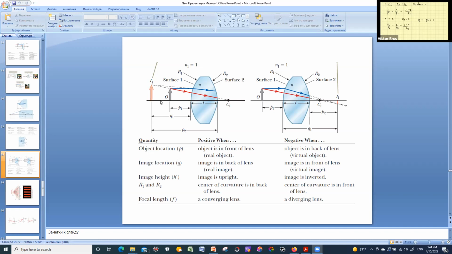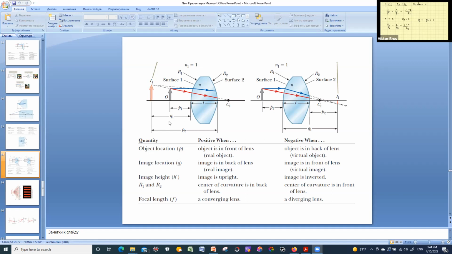So if we determine Q1, it's located on the left side from the first interface, but we determine it first with respect to first interface. So Q1 is measured to the left direction from the interface, means it will be negative.